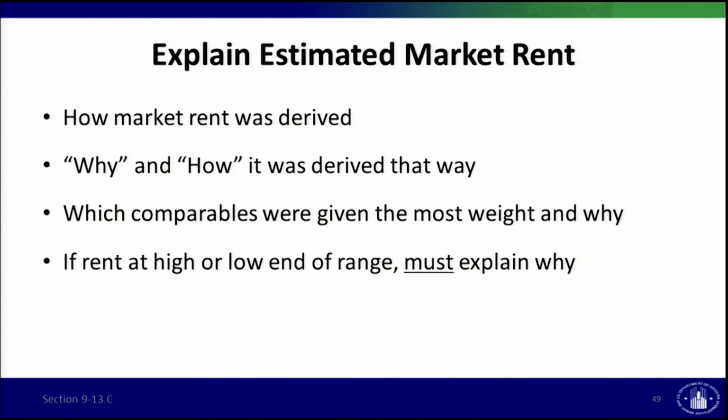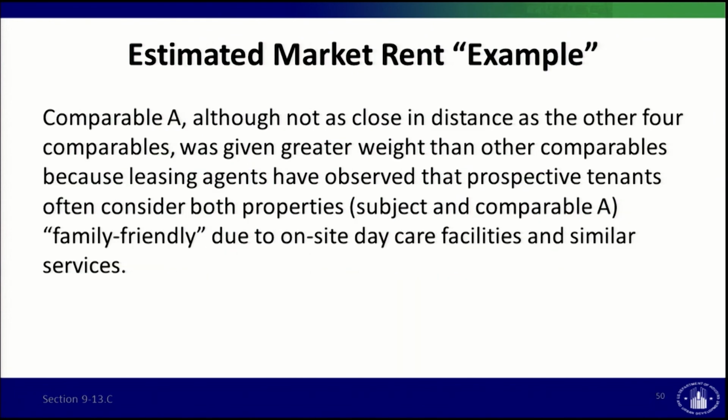No matter what you decide, you have to explain how the estimated market rent was determined and why it was derived that way. You must take note of comps that were given more weight, and if you selected the estimated market rent at the high or low end of the range, you have to provide justification. Here's kind of an example.